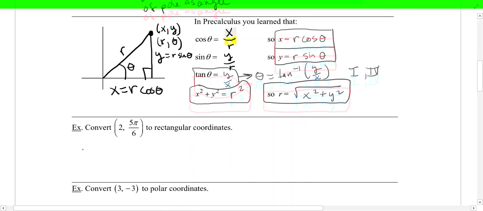Okay, here's our example. Our radius is 2, and our angle is 5 pi over 6, and they want the rectangular coordinates, which means we want x and y.